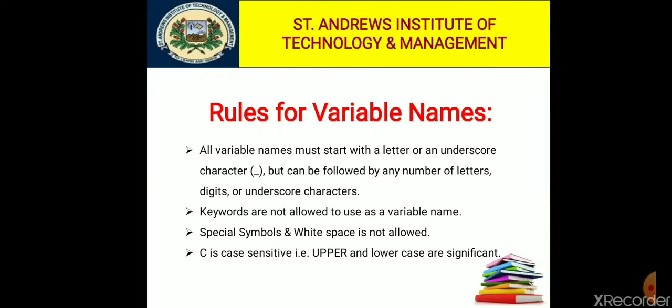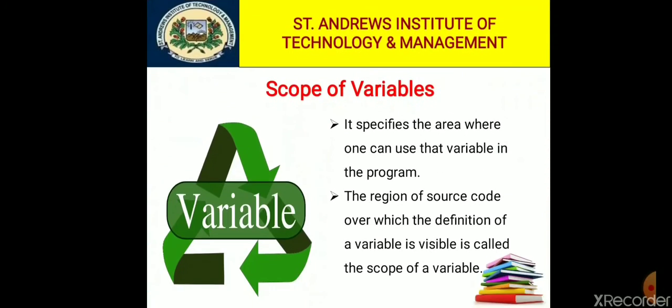Now in the next slide we are discussing the scope of variables. What is the scope of a variable? Basically it specifies the area where one can use that variable in the program. Every variable has a limit: in a certain area we are able to use it, and beyond that area the variable is not working.